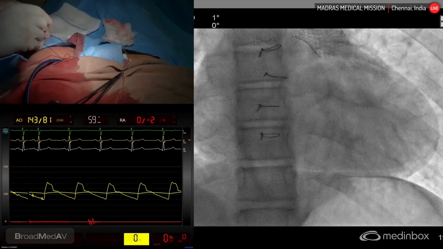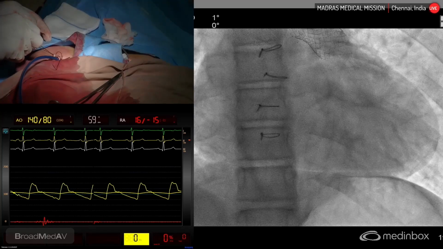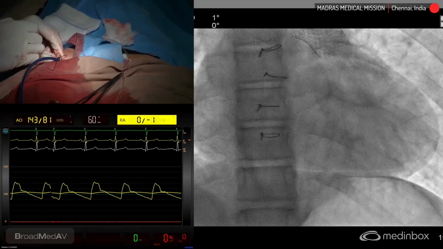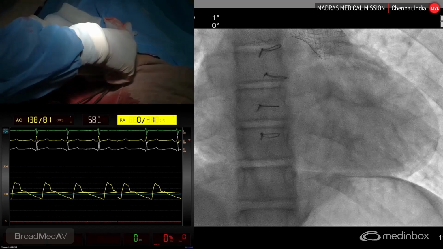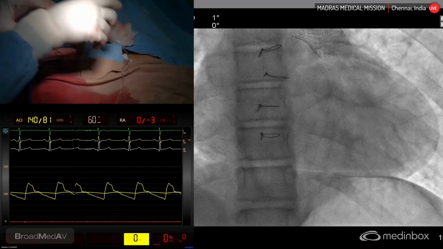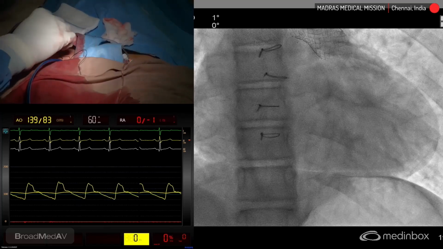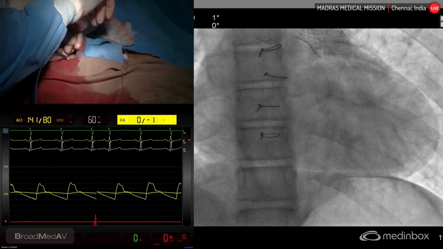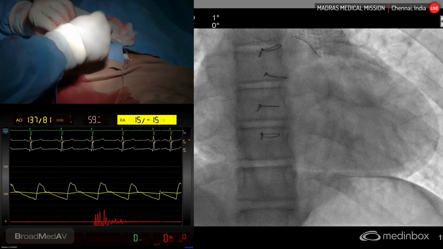Over a period of time, now she's about 12 years. At some point of time, we will think about doing a pulmonary valve implantation into the stent that we have placed in the right ventricular outflow tract.